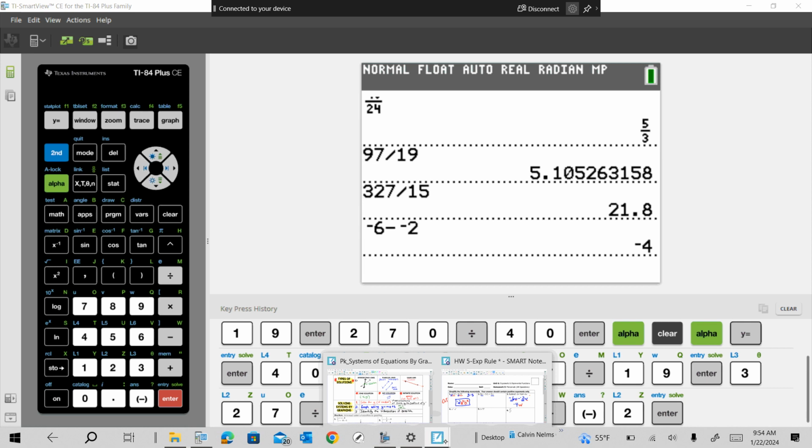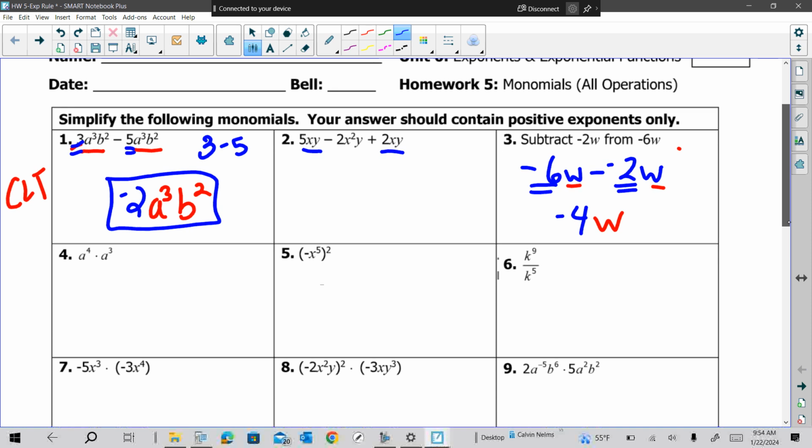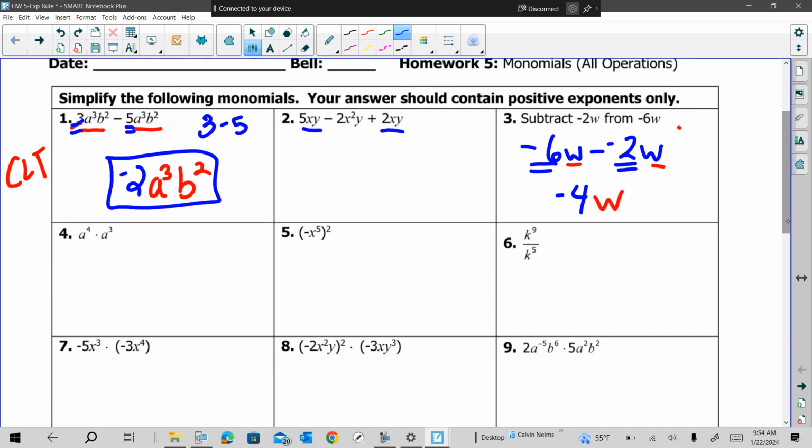Okay, so now you have to apply the rules. It's a mixture. It's all operations. So on 4, the key is this multiplication. So we just add the exponents when you're multiplying. But if you have parentheses, like on number 5, and you have an exponent outside the parentheses, this is when you multiply.